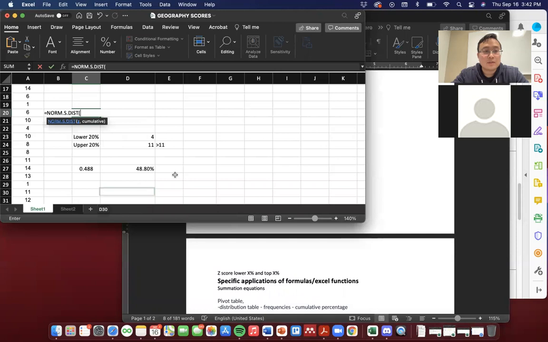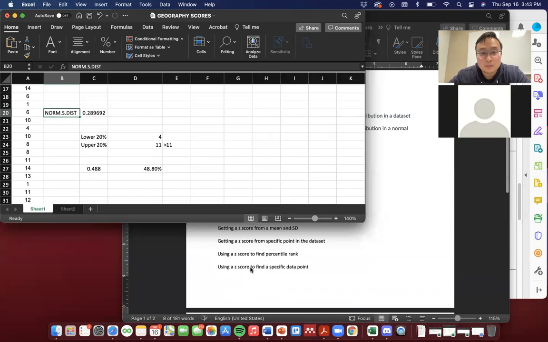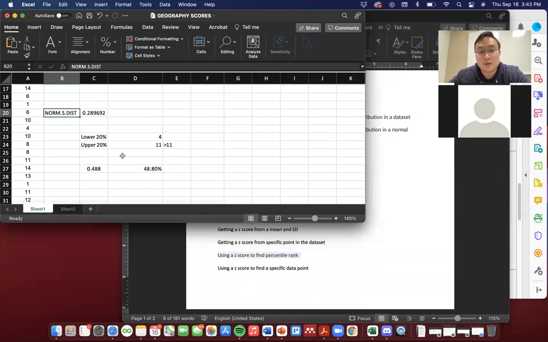So use this to use a z-score to find percentile rank.